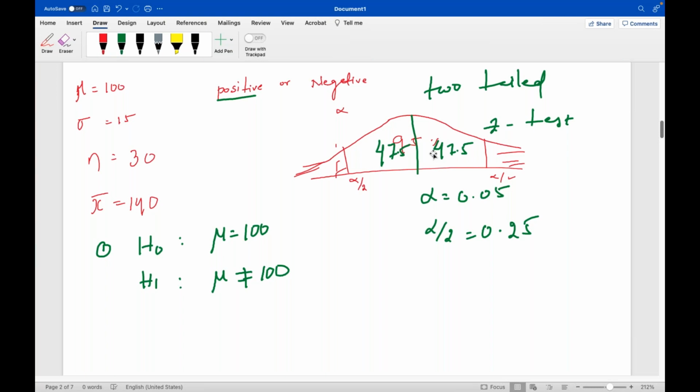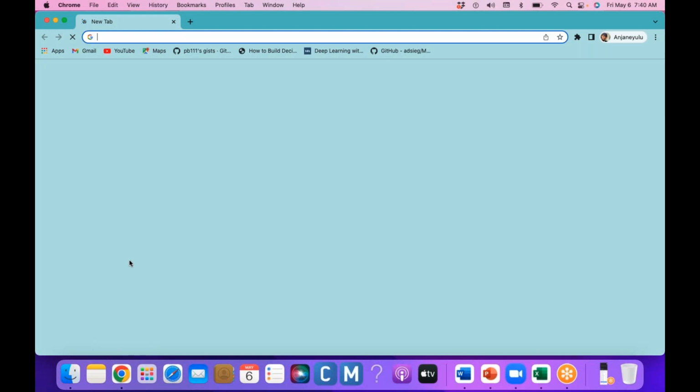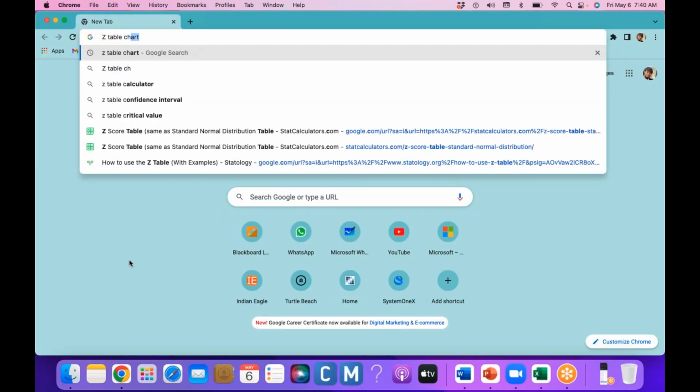Now I just go and check the table. If it is a two-tailed test, with this significance value, I check the Z table chart.